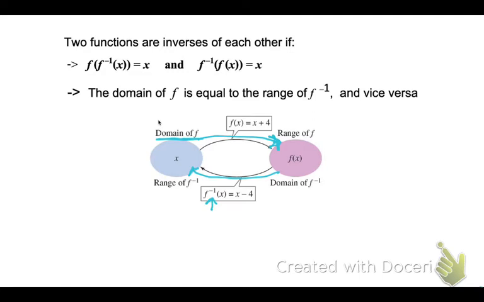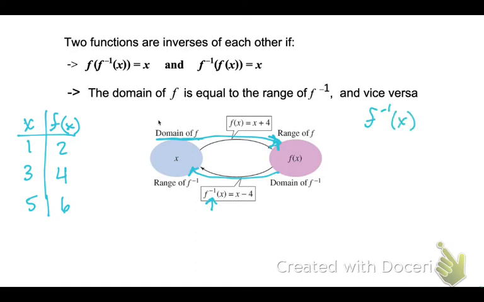So what physically happens with a function and its inverse is the range and domain interchange places. That's what happens. So if x, f of x was 1, 2, 3, 4, 5, 6, f inverse of x would be 2, 1, 4, 3, 6, 5.